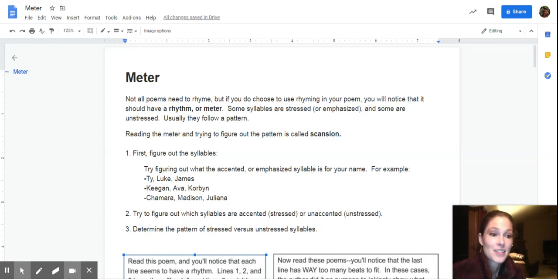And then we have Shamara. Shamara has three syllables in it, but the second one in this case is accented. Or with Madison, there are three syllables there, but we say Madison, and we emphasize that first one.